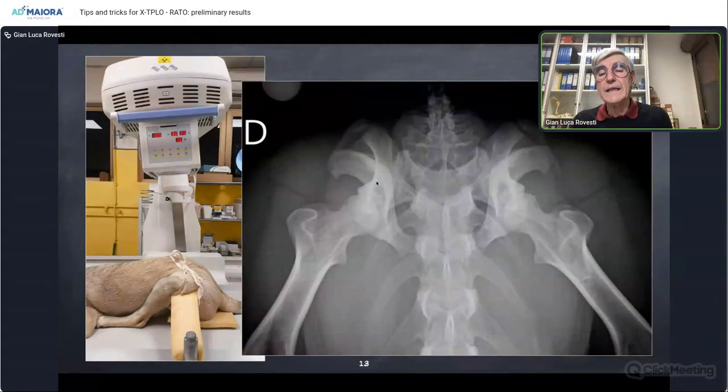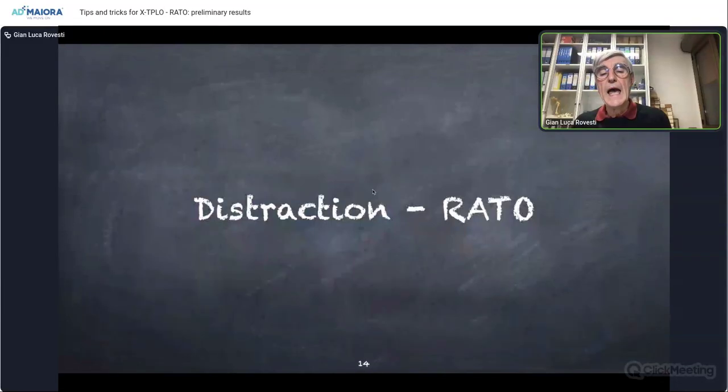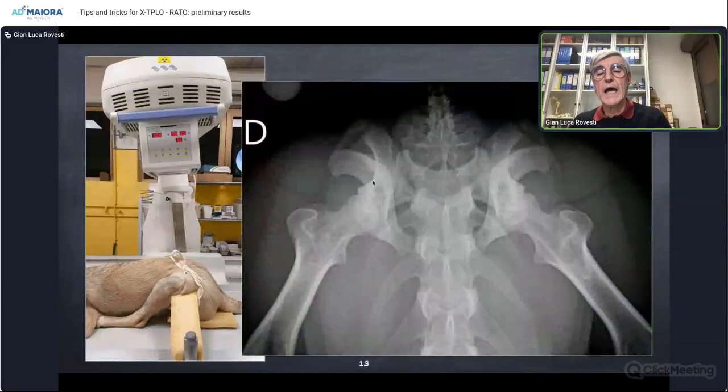So the ischium should be here, and the dorsal acetabular border is here. Okay, this is very important. Why? Because as you can see, I can appreciate the shape of the dorsal acetabular rim.